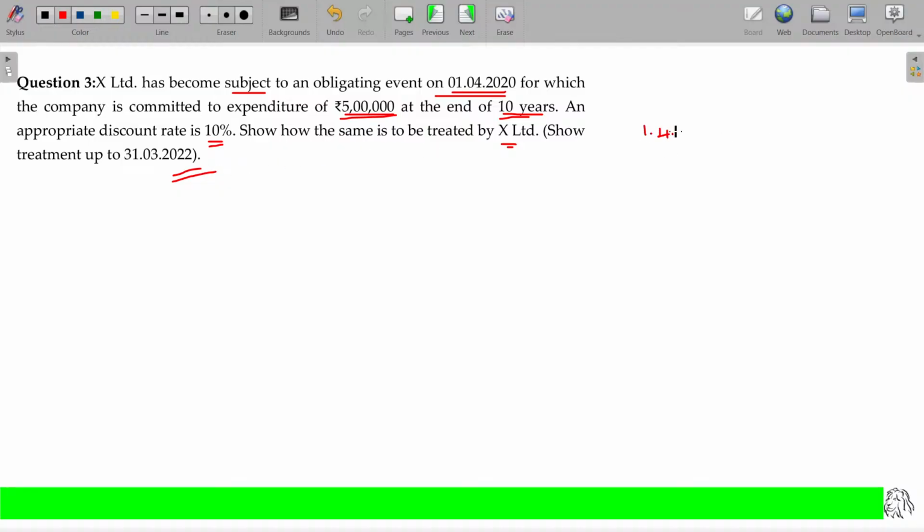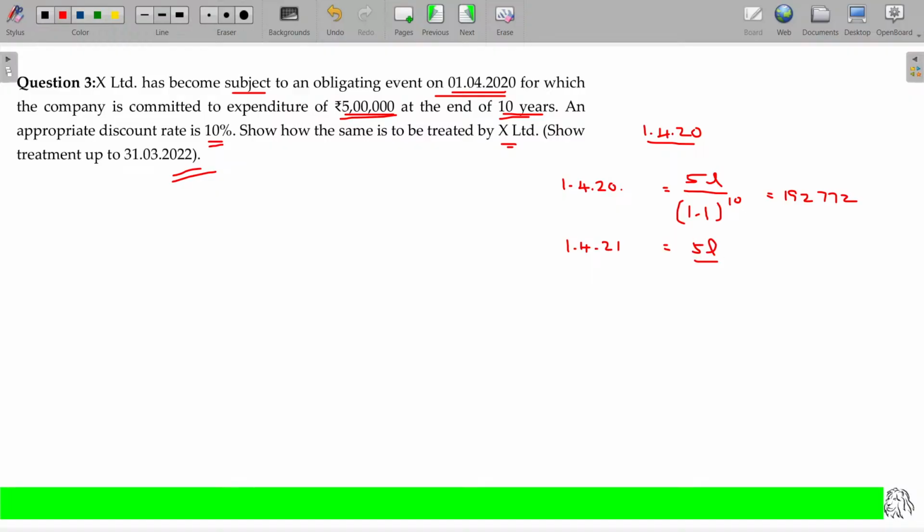So on 1/4/2020, this company is supposed to pay 5 lakhs by the end of 10th year, means you have to divide this by 1.1 to the power 10. Is that okay? Present value factor. 1,92,772. This is the amount you are supposed to provide on 1/4/2020. What happens on 1/4/2021?